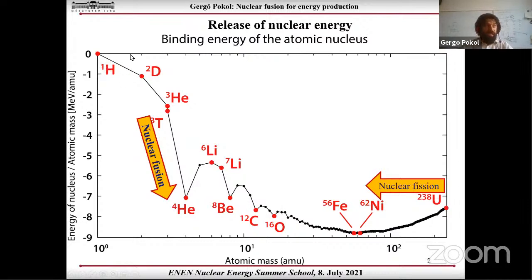So we have 3 hydrogen isotopes here, and just 1 helium isotope, helium-3. We can try to see how to manipulate these, how to fuse these to produce helium-4 at the end.